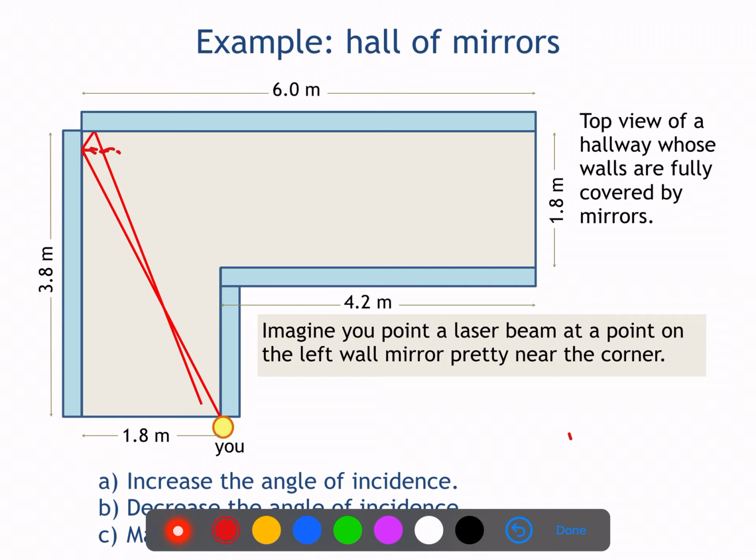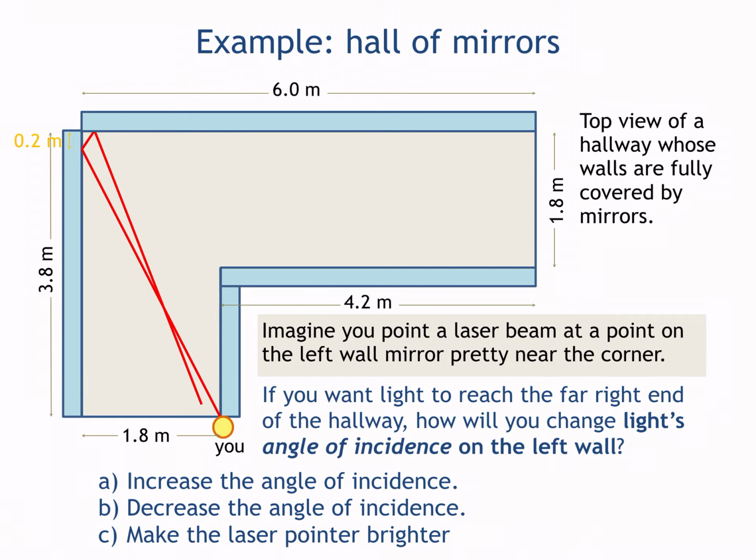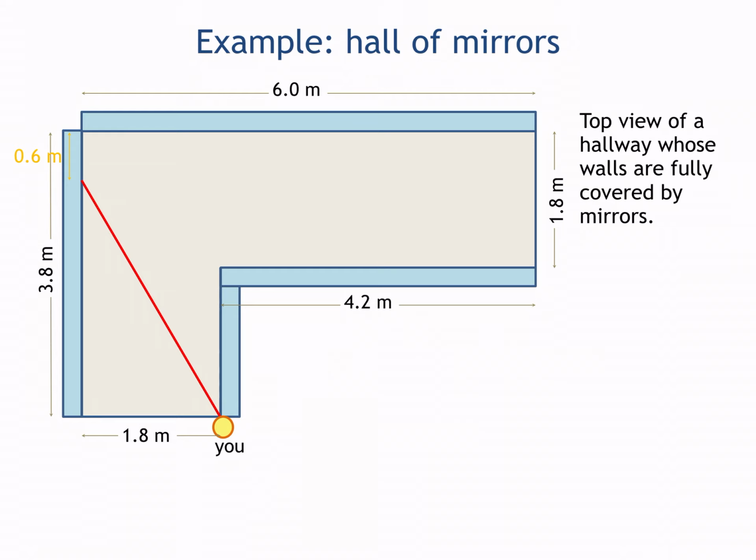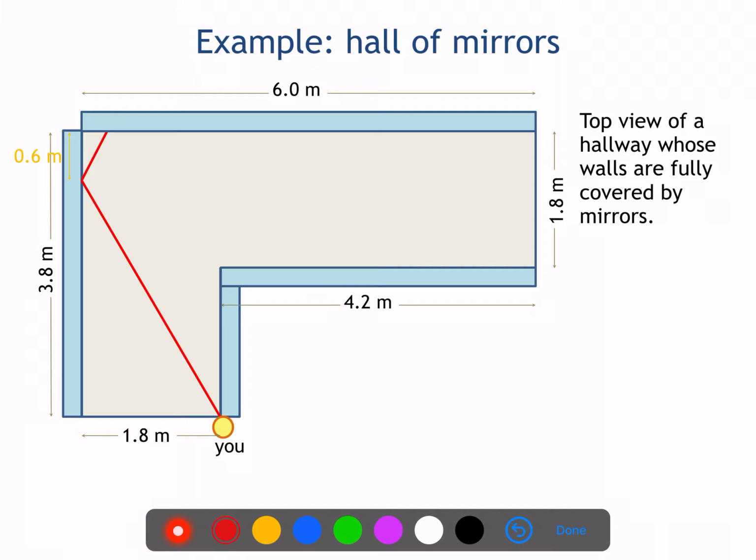Okay, so let's imagine that you decide to decrease the angle of incidence. By decrease, again, I mean that because this is our normal, our perpendicular, you've now made this angle shallower and this angle shallower and this angle steeper.